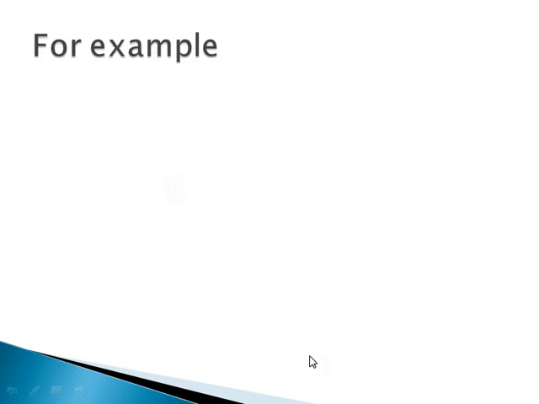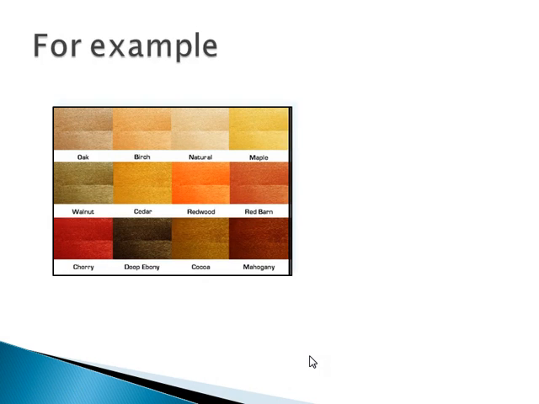One more example. Imagine I'm building some furniture for my house and I need to choose the wood. And then I decided to choose this color. What color is this? Come on, English 1. What color is this?